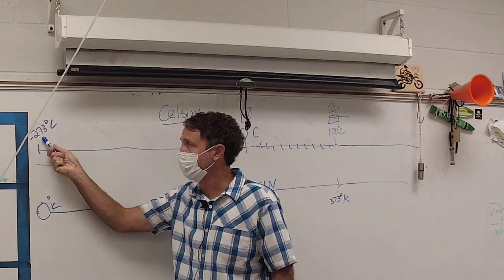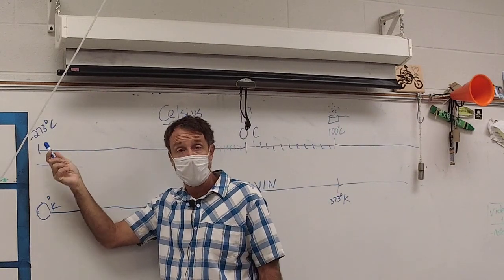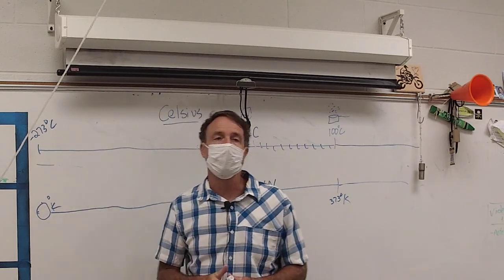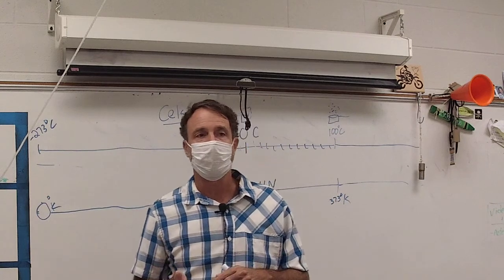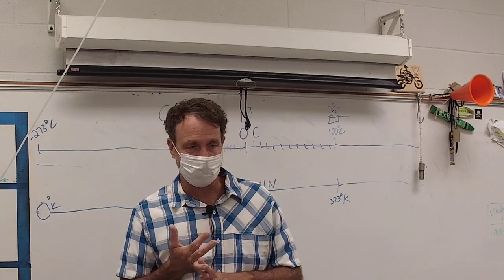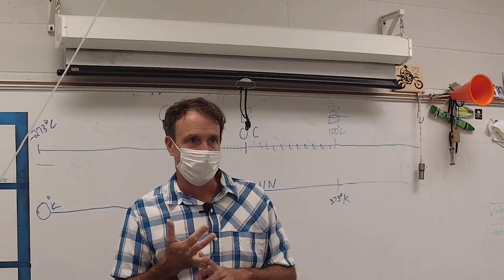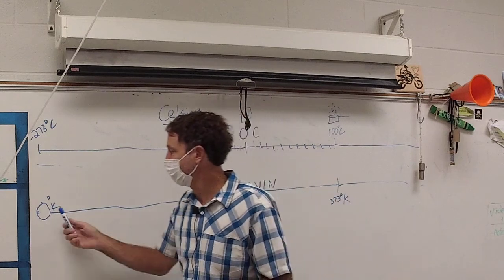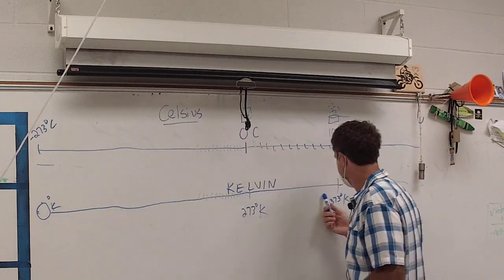It's negative 273 degrees. If we put negative numbers into some of our math problems, then it's going to give us negative answers for things like volume and pressure. There's no such thing as a negative volume, right? So we end up using the Kelvin scale.